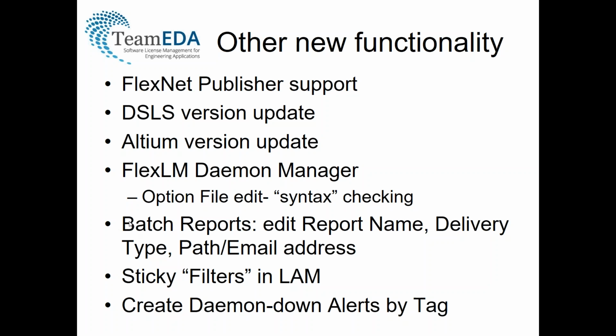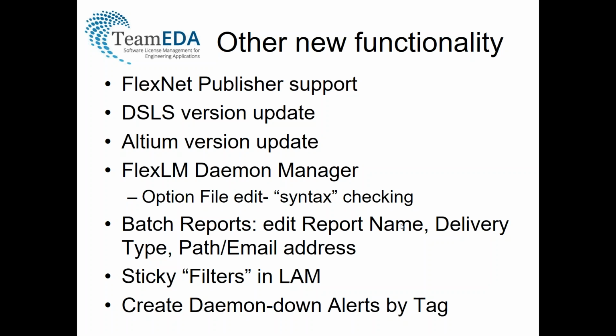Under batch reports, we changed the, I'll show you this live, it'd make more sense. And that is the report name, the delivery type, and the path, whether it's going to be a path or an email, or the email address. All those fields can be changed now. Before, you only had the option, I think, of just changing the report name.